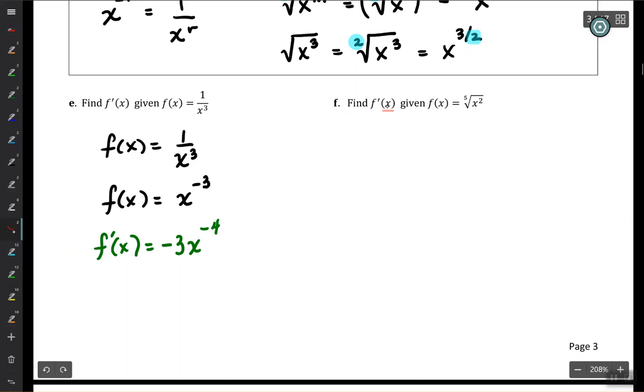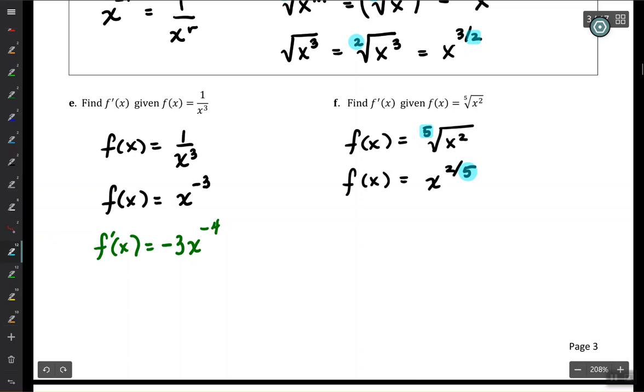Find f prime of x, given f of x is the 5th root of x squared. So no calculus here. I'm just going to rewrite f of x as x to the 2/5 power.